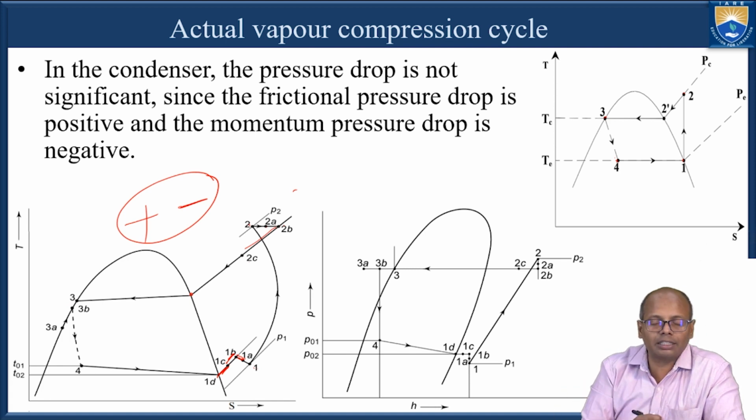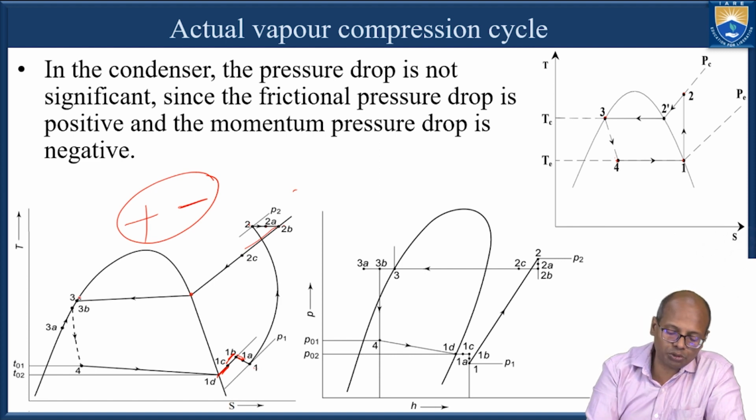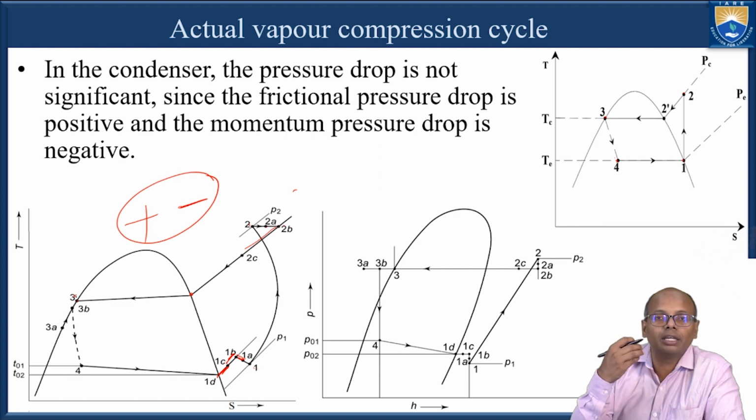Now what is happening at the exit of the condenser? Because it is a continuous process, it tends to supercool the liquid. It is supposed to be a saturated liquid, but instead it takes the temperature further down, so it gives a subcooled liquid.